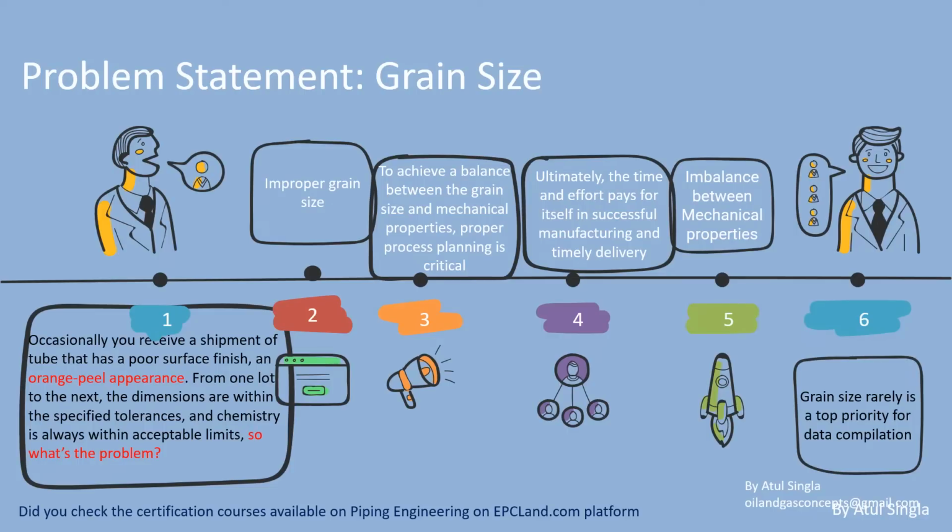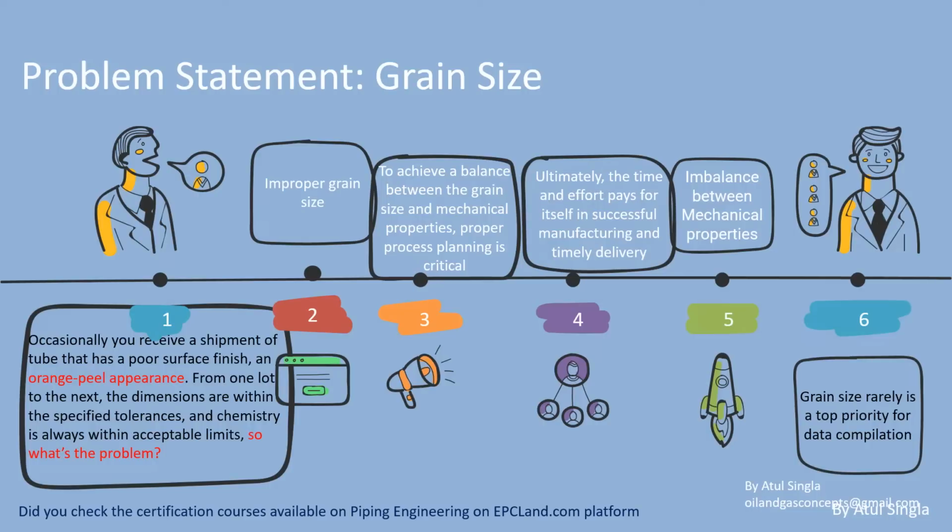Now let us try to understand the problem statement: why we are discussing grain size, why it is important, right? If you look at the various shipments related to tubes, sometimes there is a poor surface finish. We can easily see the orange peel on the surface of the pipe which we receive in the shipment.